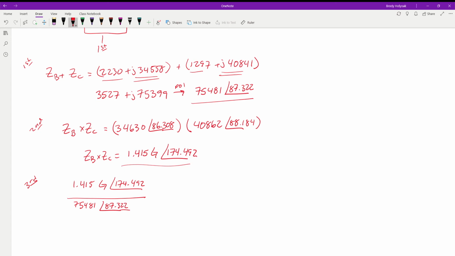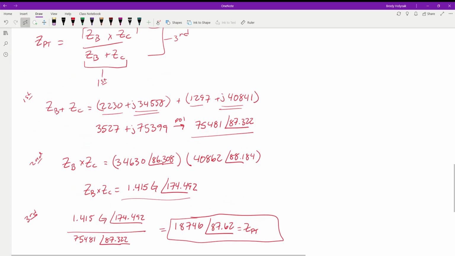So we divide those together. The 1.415 gig divides by the 75,481. And that gives us 18,746 at an angle of 87.62. So this right here is our Z parallel total.